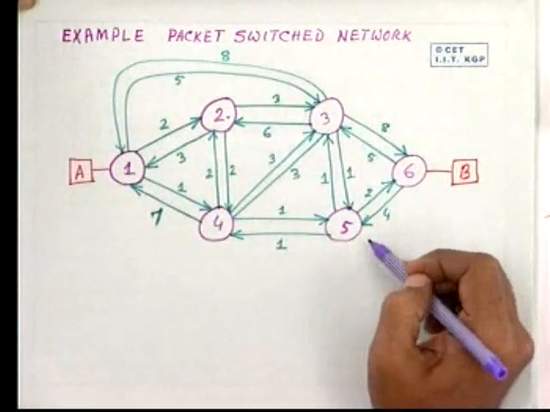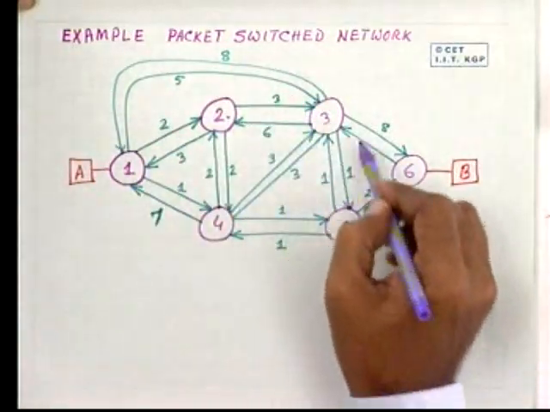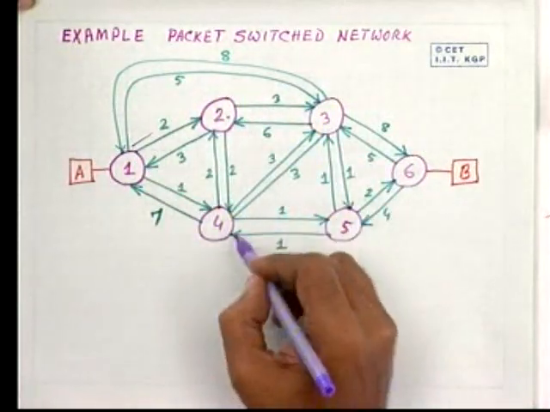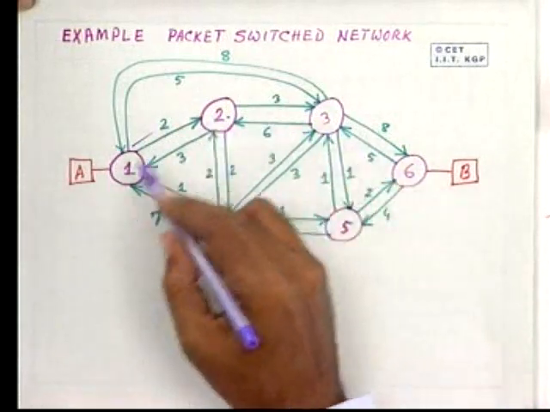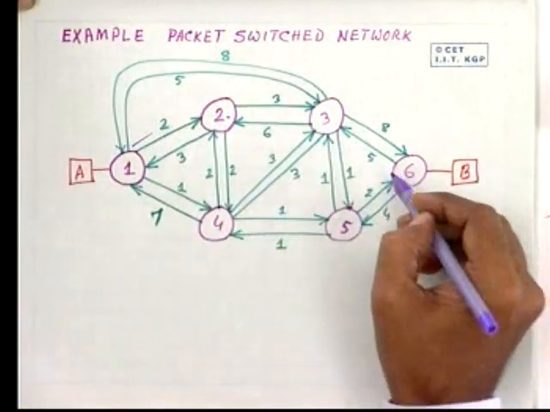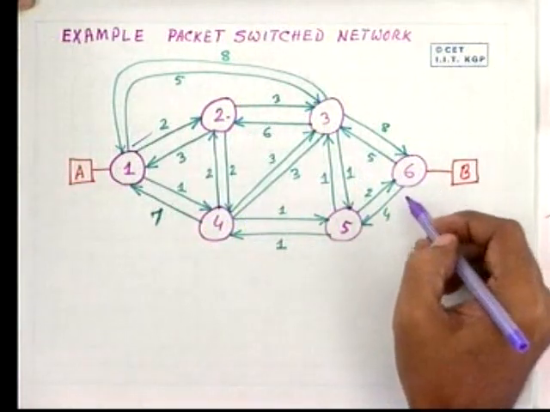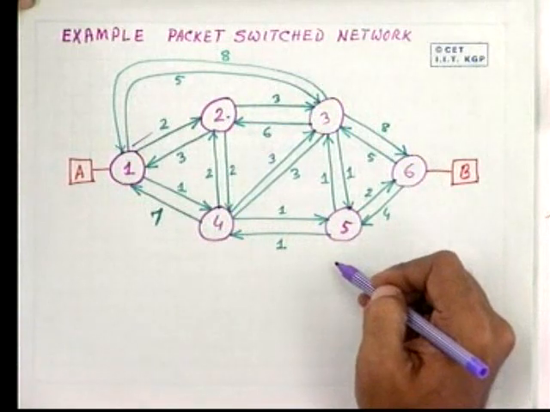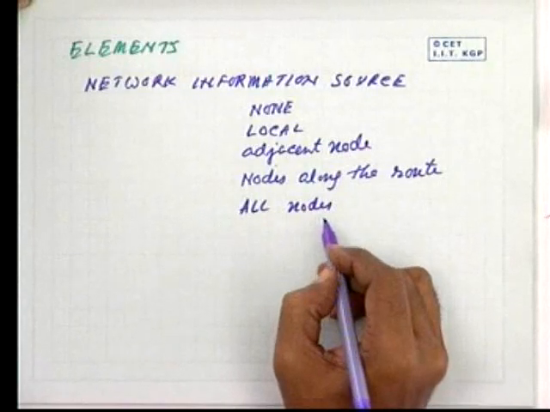Complete information means what is the topology, how they are connected, what is the cost of each of these links, how much delay is there, how much queue length is there in each of these nodes. Or it can be based on, say, in which part congestion has occurred. So it is a much more global approach in which the information is gathered from all nodes.